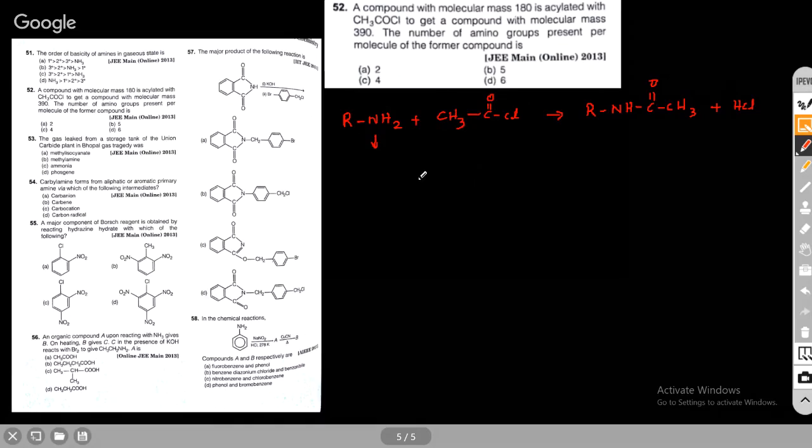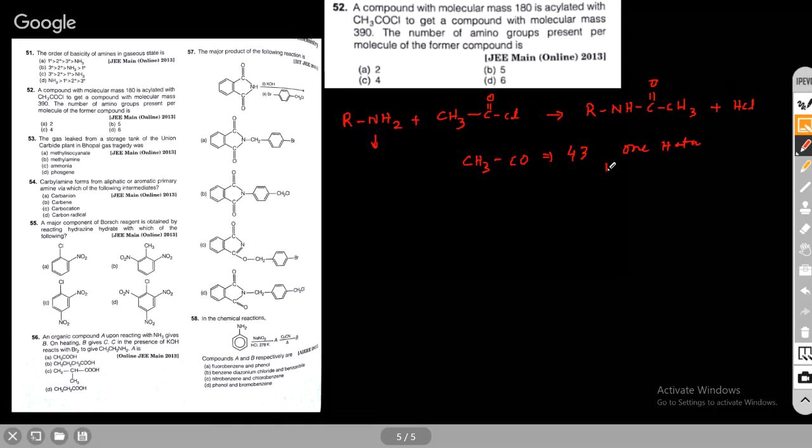Okay, so if you see the mass of the CH3CO group is 43, right? And it displaces one hydrogen atom. So with one CH3CO group, 1 mole of this reacts with 1 mole of this. So one CH3CO group replaces one hydrogen atom.